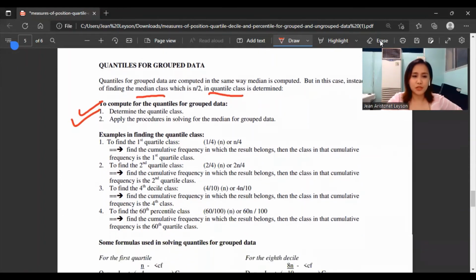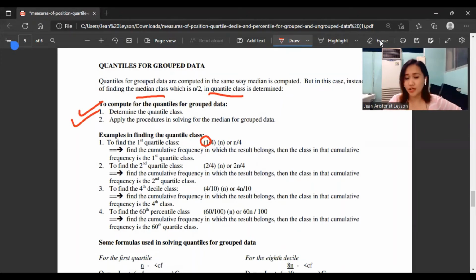So for example, for the first quartile class, that's 1 over 4 times n. 1, because it's the first quartile, 4, because there are 4 equal portions in the distribution, then times n, which is the number of data in our data set.